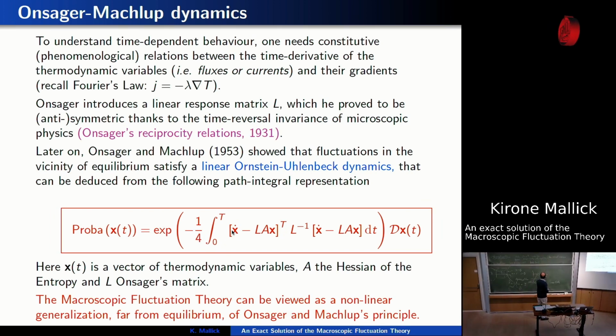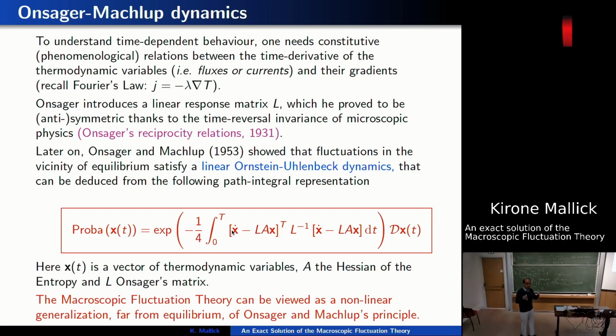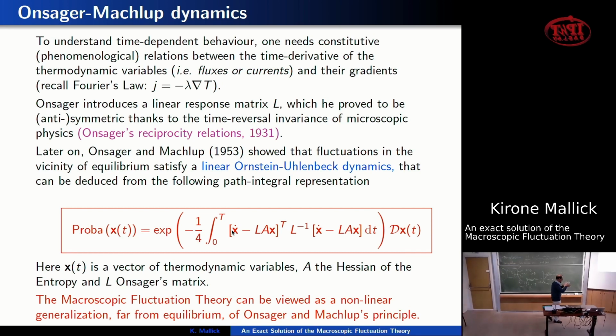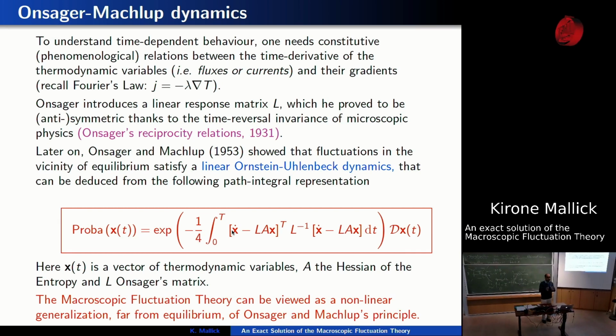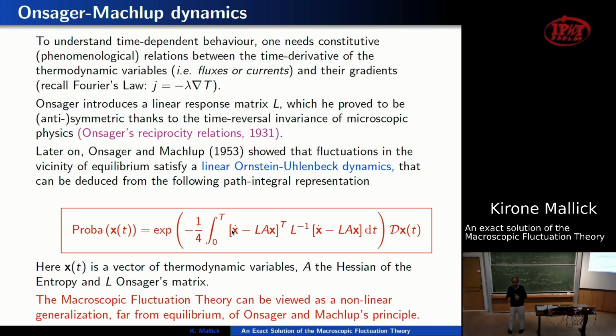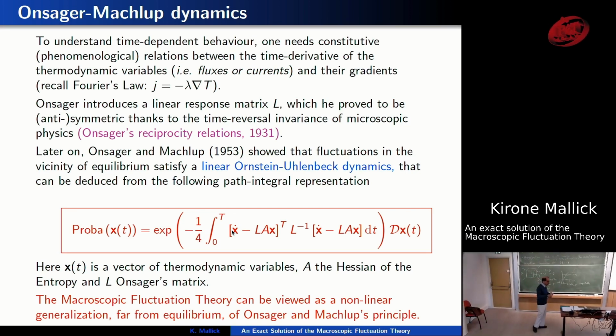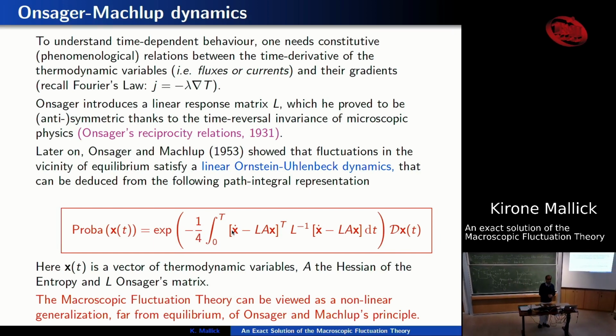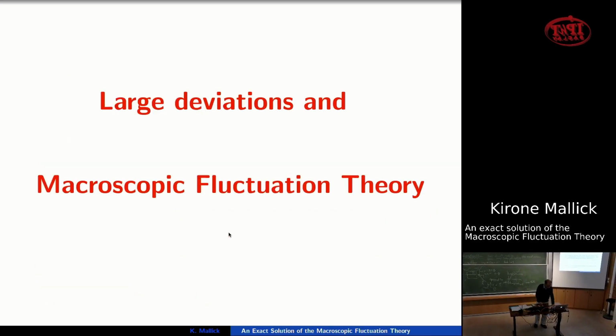How can you give a kind of path integral? How can you characterize the histories in such a system? So this would be the goal. Of course, we are not there yet, but for some very specific systems, it's possible to construct a theory. And for even simpler systems, typically in one dimension, it's possible to solve that theory and to get analytical results. So that's the goal of the talk today.